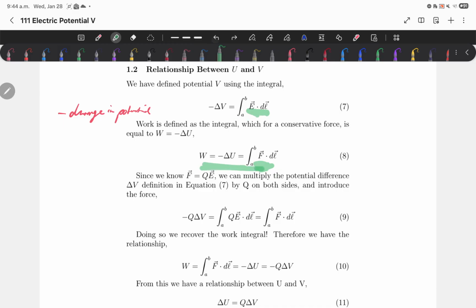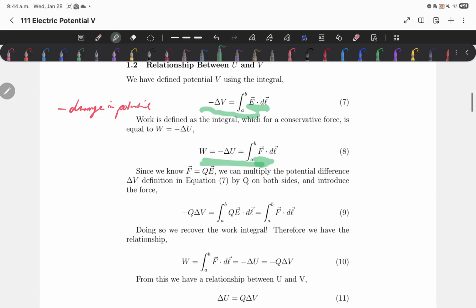And how we can relate them is to recognize that this F here, the force, is QE. Replace F here with QE, and we're left with the integral of QE, right? So what do we want to do?